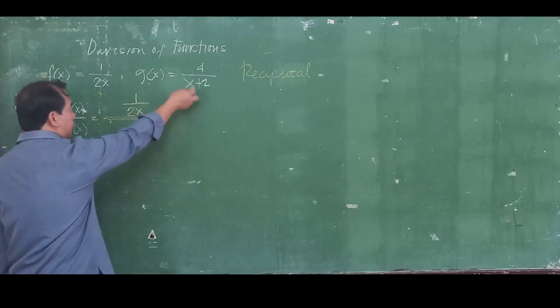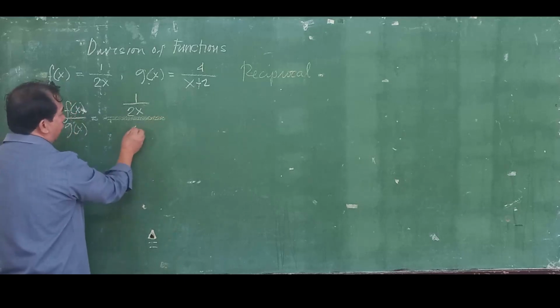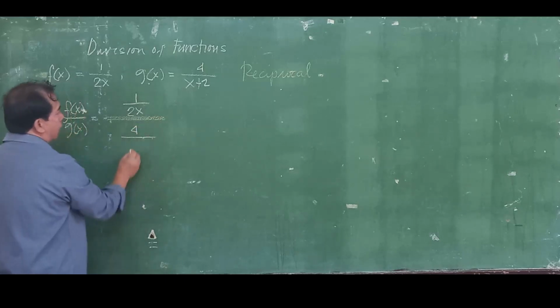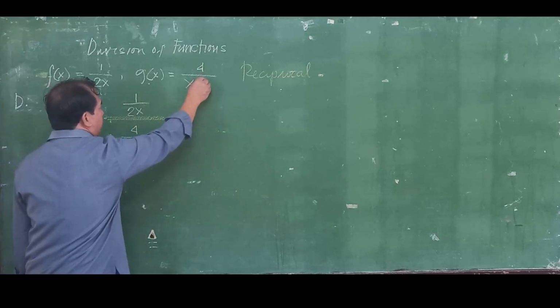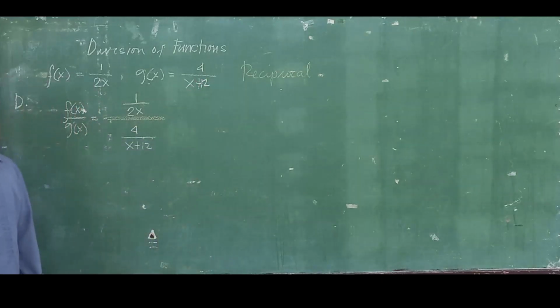Our denominator is a fraction, that is 4 over x plus 12. See? We follow the same pattern.